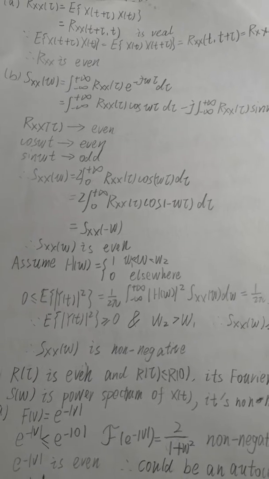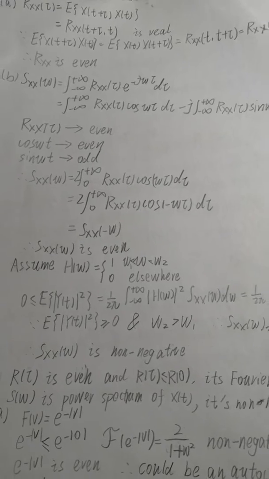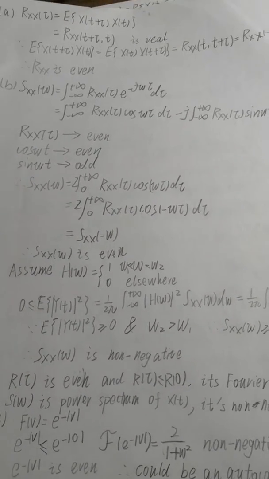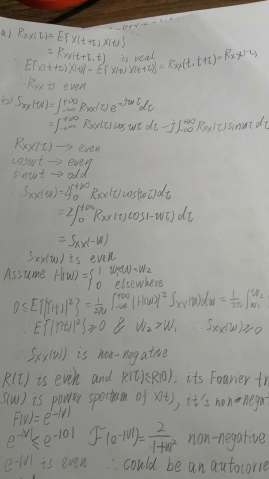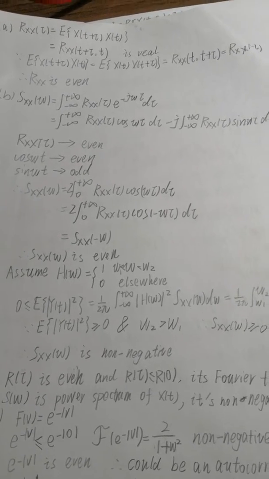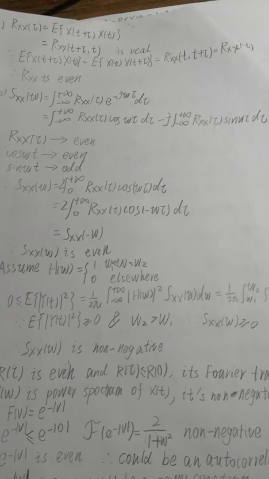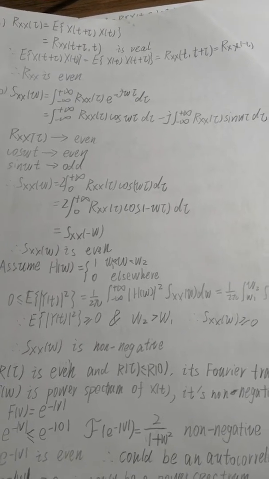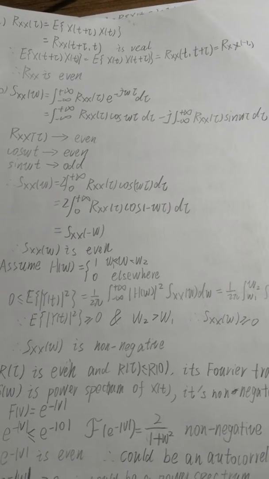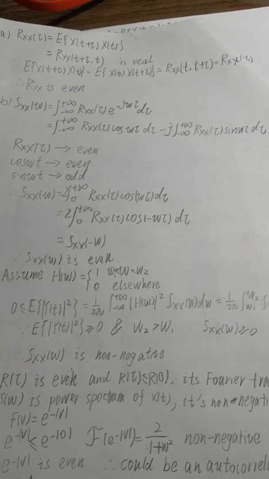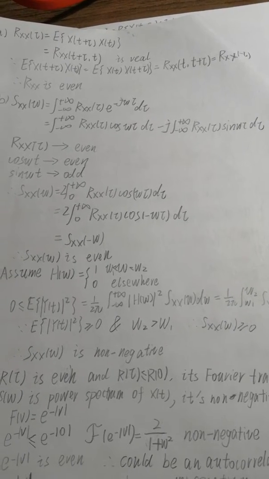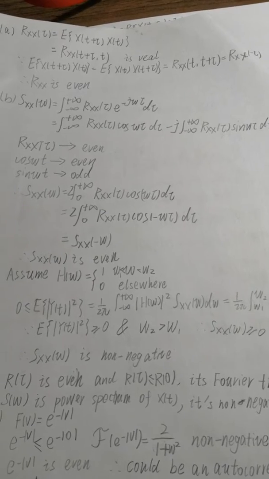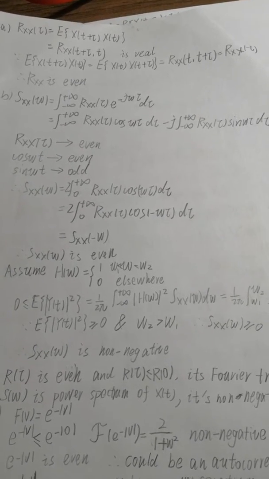From that we can know Rxx(tau) is an even function, cosine(omega tau) is an even function, and sine(omega tau) is an odd function. Because an odd function times an even function is an odd function, and minus infinity to infinity is symmetric, the latter term equals 0, and an even function times an even function is an even function.